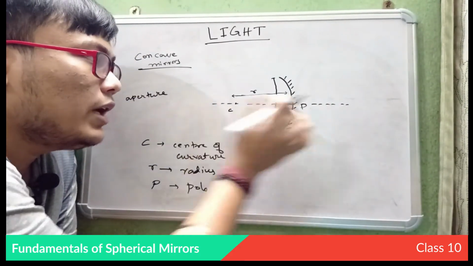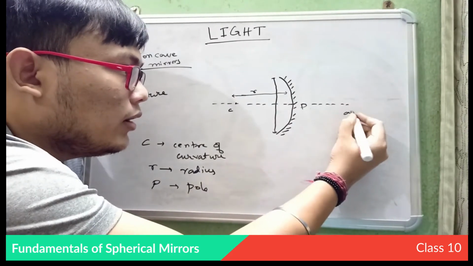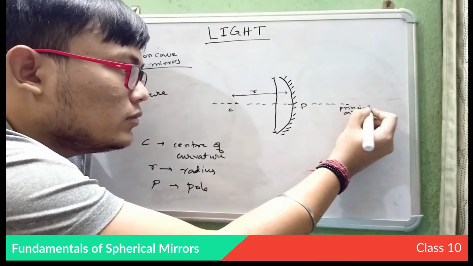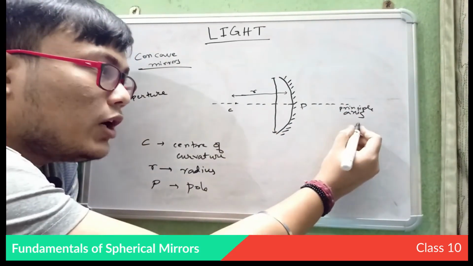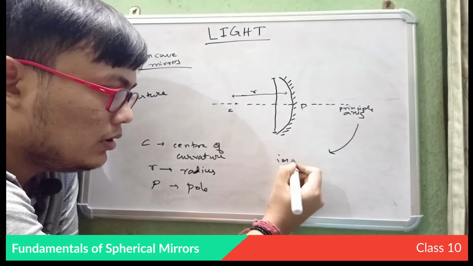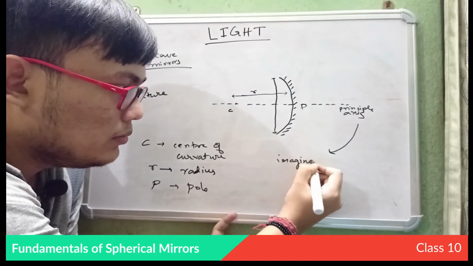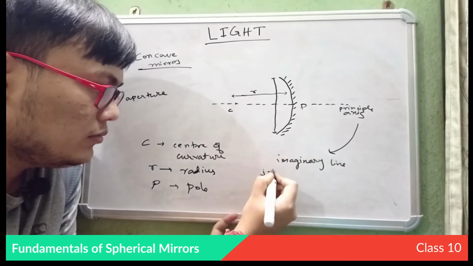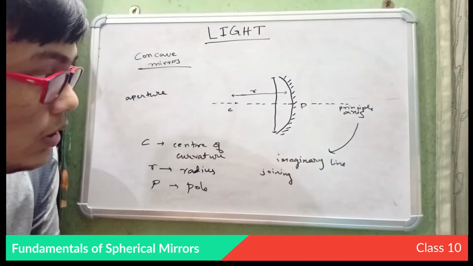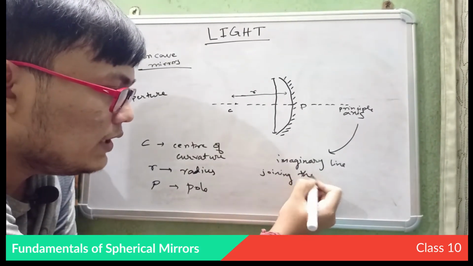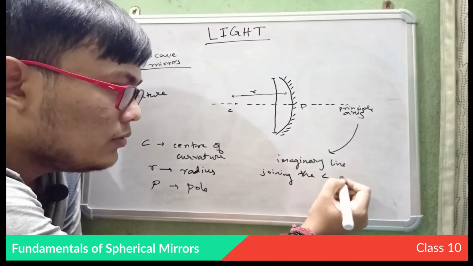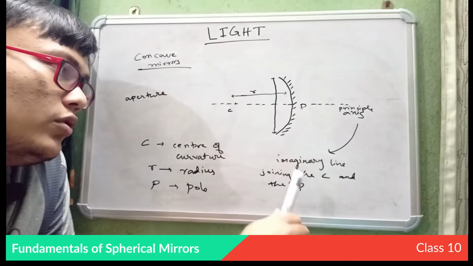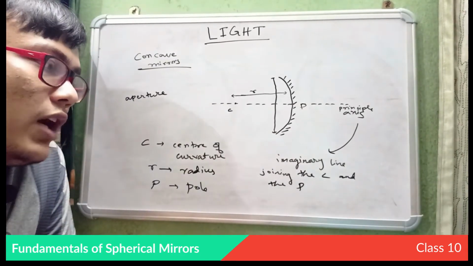this line is known as the principal axis. The principal axis is nothing but an imaginary line joining the center of curvature C and the pole of the concave mirror.